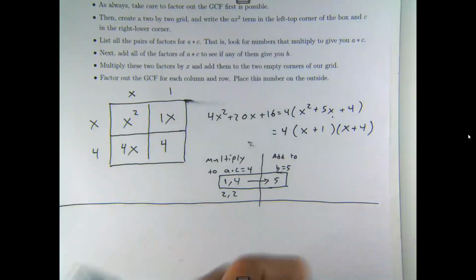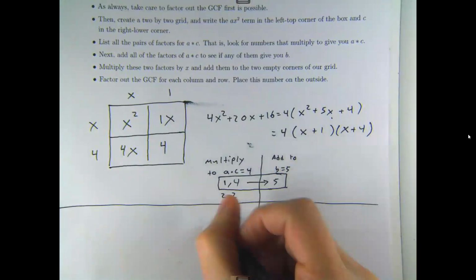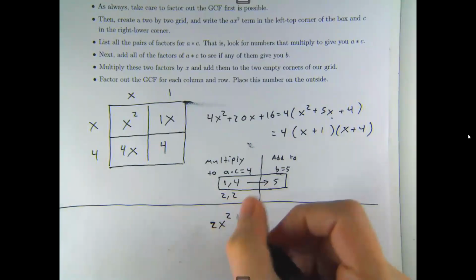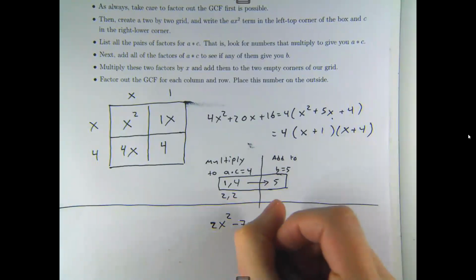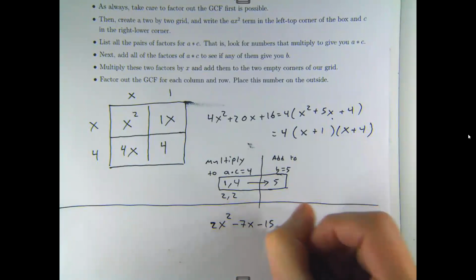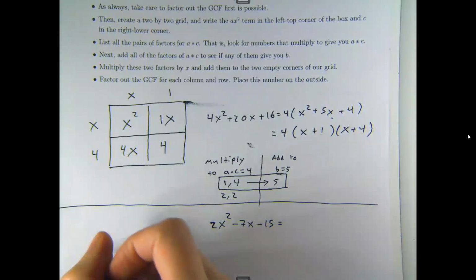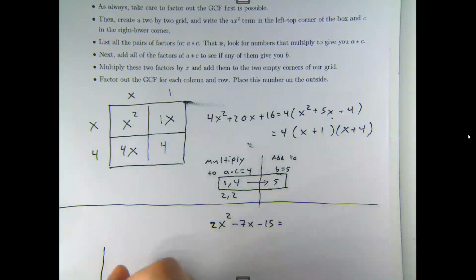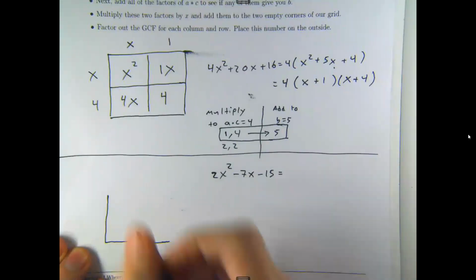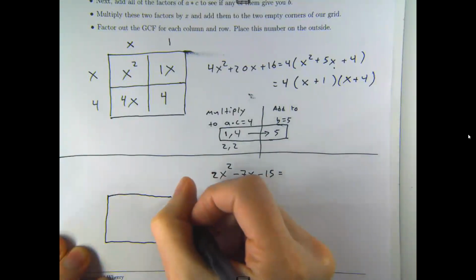So let's suppose I have just another example here of 2x squared minus 7x minus 15. Okay, now this one's a little bit trickier in that it doesn't start with anything in common. And I might have a harder time seeing on this one what numbers would work.